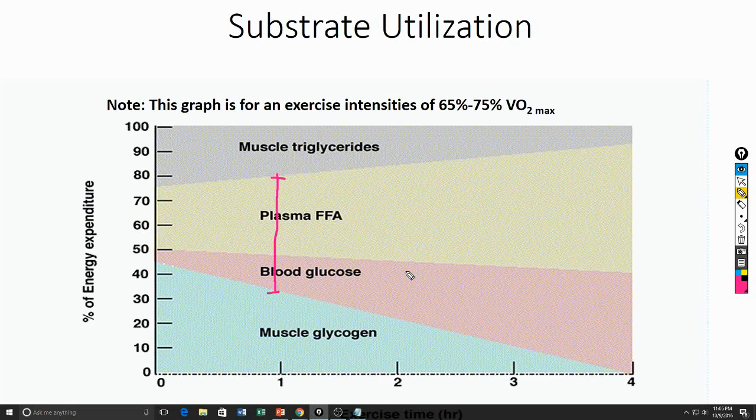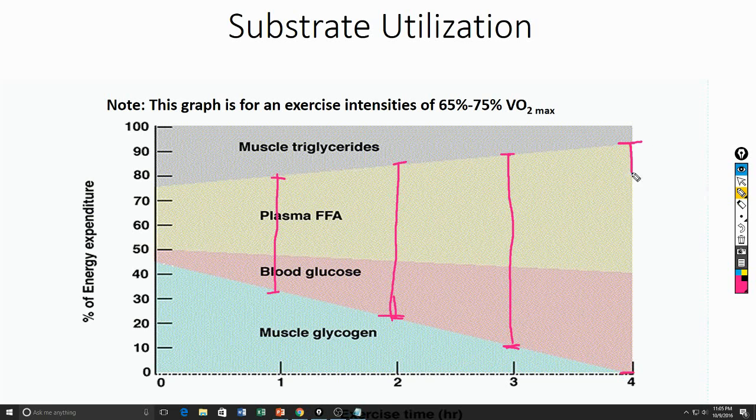So, we're getting more things coming into the muscle cell because the things inside of the muscle cell are starting to deplete, because those are the first things being used, right? So at 2 hours, look at the difference. Okay, increase. Okay, 3 hours, that's when you're really starting a big decline. Then by 4 hours, muscle glycogen is gone.